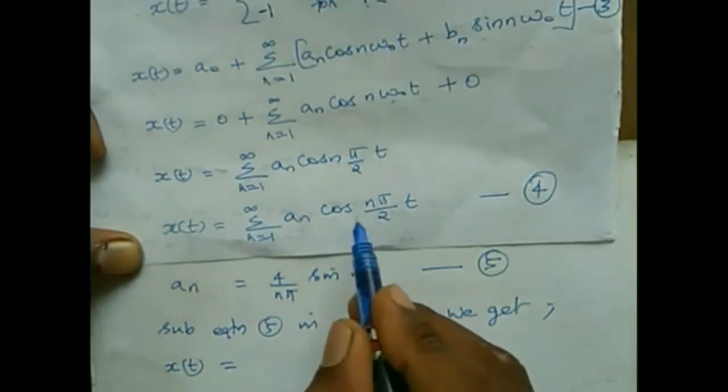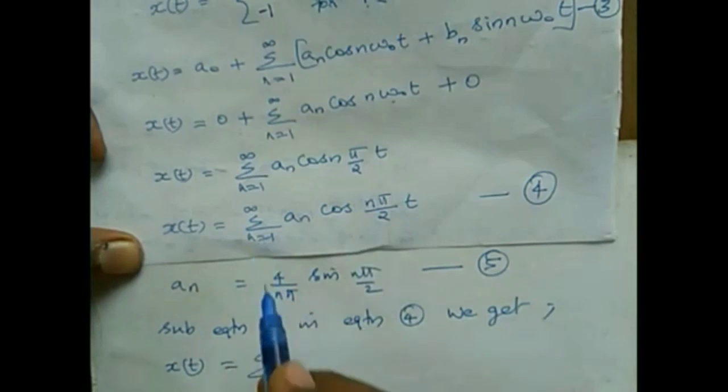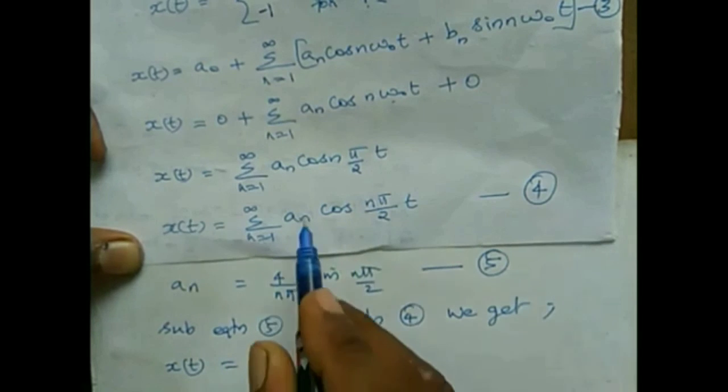Then we will get x of t is equal to, this is equation number 4, sigma n equal to 1 to infinity.